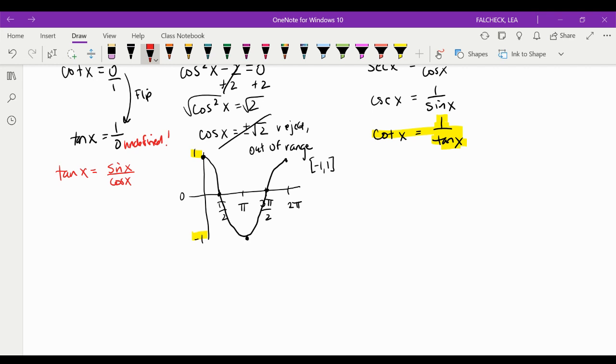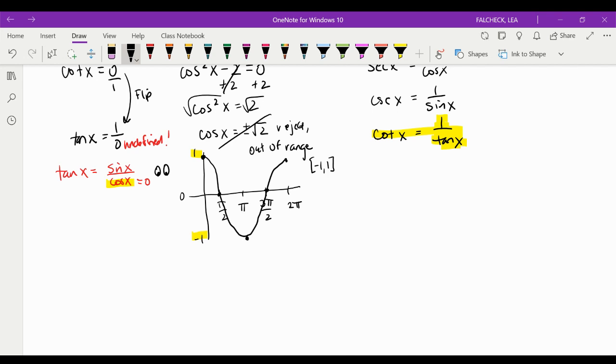So if we imagine a denominator of 0, I'm looking for where the cosine of x equals 0. That's what I'm looking for. And that will give you where tangent is undefined.